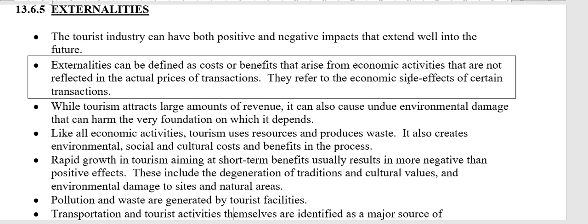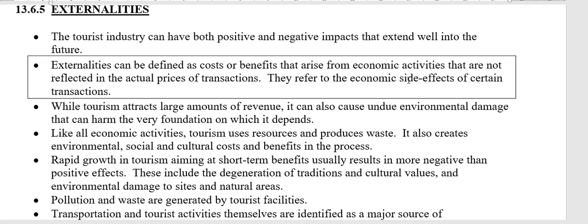So how does the tourist industry create externalities? Now, what is very important here is that the tourist industries can have both positive and negative externalities, now and into the future. And there's your definition. Externalities are costs or benefits that arise from economic activities that are not reflected in the actual prices of transactions.